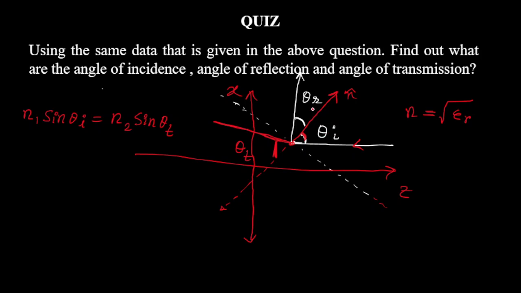From there you can calculate the reflection angle, and then using Snell's law you can calculate the transmission angle. I hope you will be able to calculate it. So do this calculation and write your answer in the comment box.